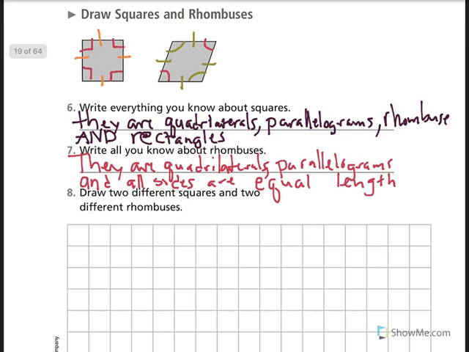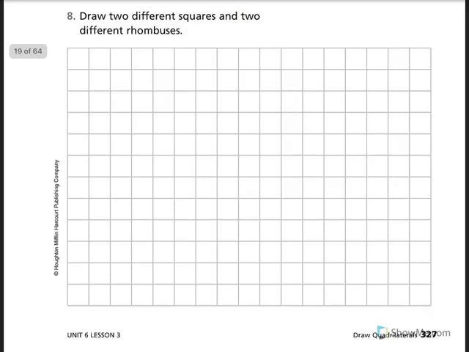Okay, so now we're going to draw two different squares and two different rhombuses. So I'll do my squares first. I'm going to do one little one. Come on, buddy. One little one. And then I'll do one bigger one.